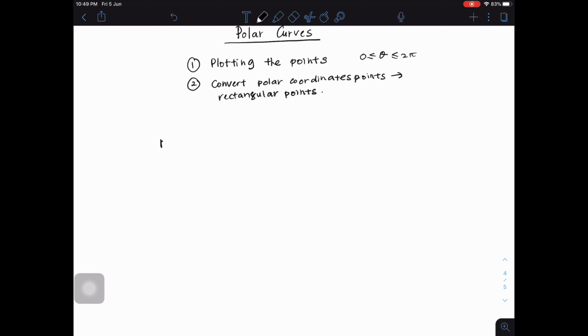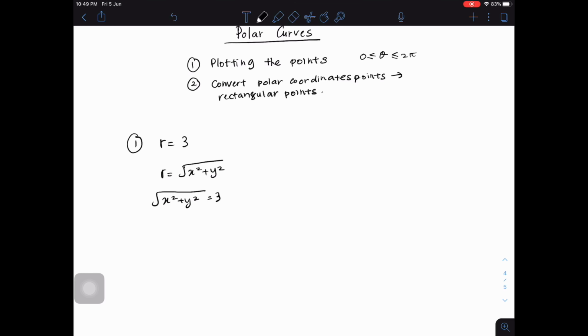If we have r equal to 3, you know that the relationship between polar coordinates and rectangular coordinates that we learned before is that r is actually the square root of x square plus y square. So you can write your equation as square root of x square plus y square is equal to 3.